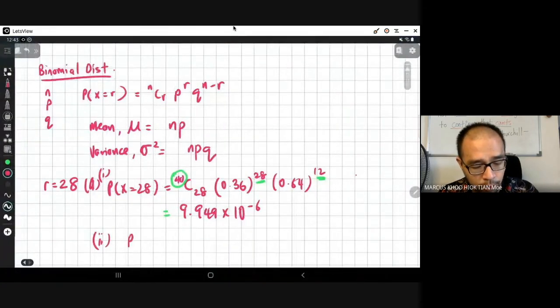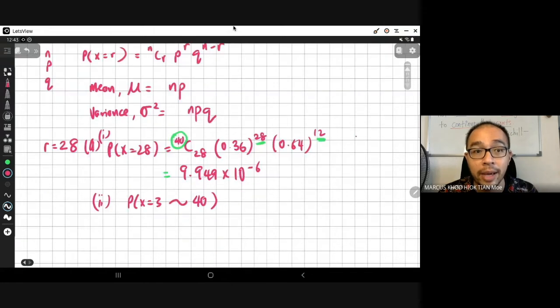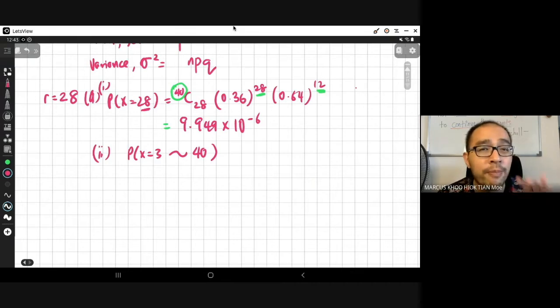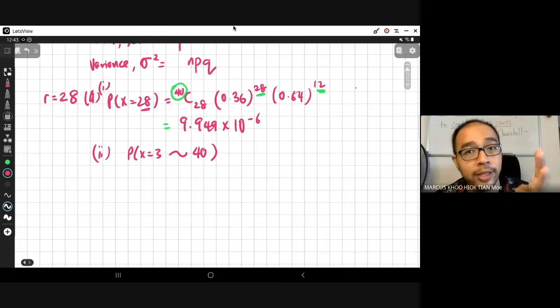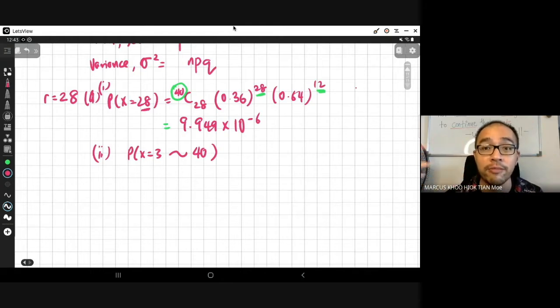You want to count the probability of x equals 3 all the way until 40, which is so many. Just 28 people and you already got a very small number. So again, remember, in binomial distribution, the maximum they will ask you to count is 3 or 4 probabilities. 3 until 40 is a crazy amount of numbers. Only for PBL maybe.